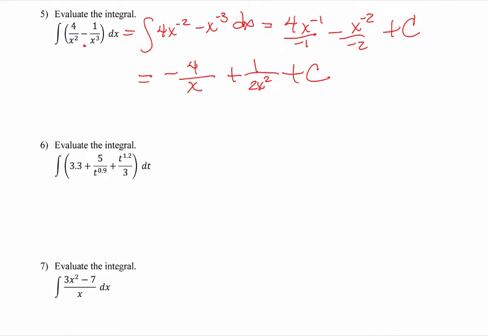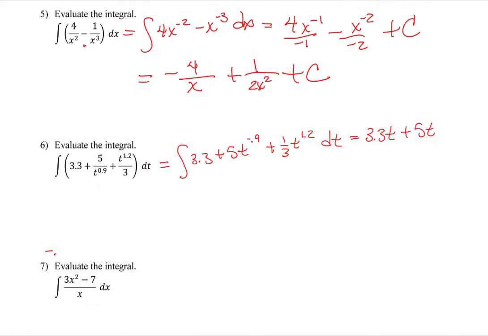Let's look at number 5 again. So this is the integral of 3.3 plus 5t to the negative 0.9 plus 1/3 t to the 1.2 dt. So that equals 3.3t plus 5t.